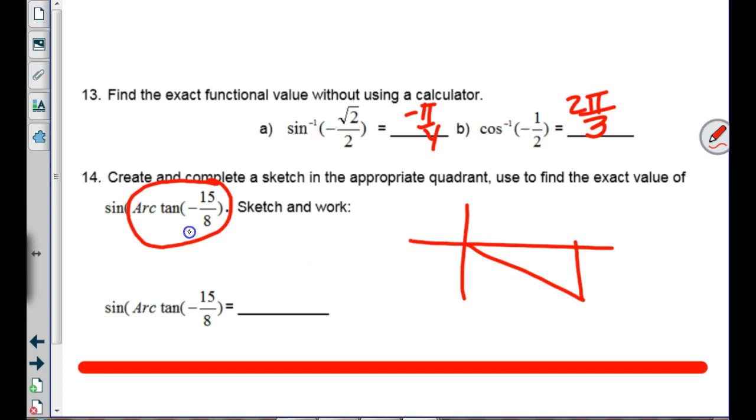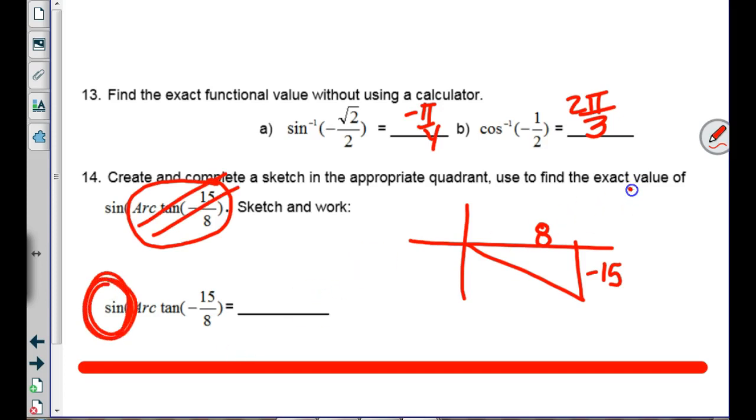Now tangent is labeled how? Sine over cosine. But yeah, y over x was right the first time. So this is negative 15 and this is 8, or do I have my sign on the wrong one? You went right and down, correct? Okay, I'm supposed to list, now that I've drawn it, I don't need the rest of that. I'm supposed to find the sine at that same spot.